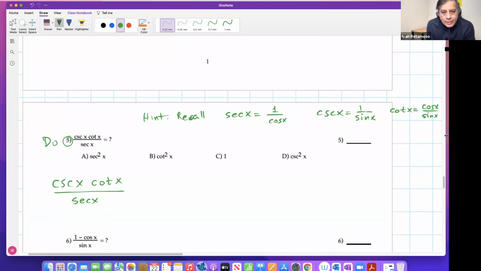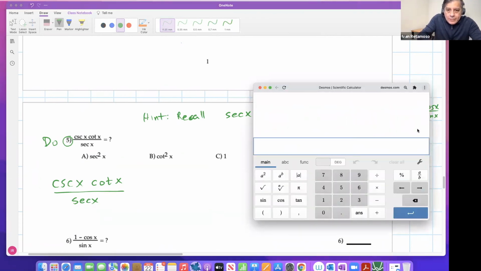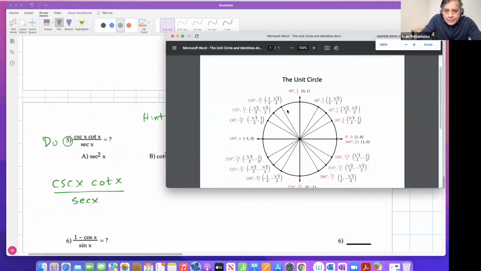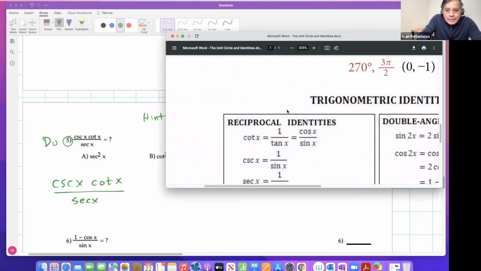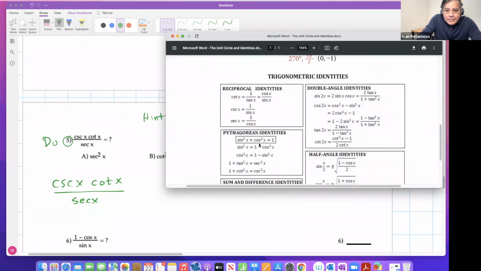But if not, you can look at the Pythagorean identities, which are also available for us in our unit circle sheet. I will show you now. Look, this is a unit circle sheet, right? If you go to the bottom, you will see the identities there. You see it? Reciprocal identities, Pythagorean identities.